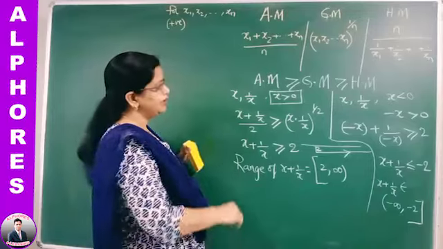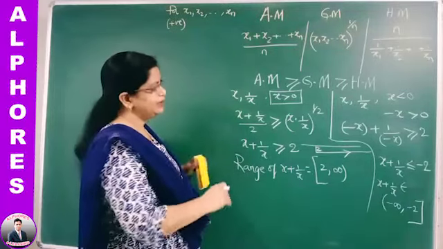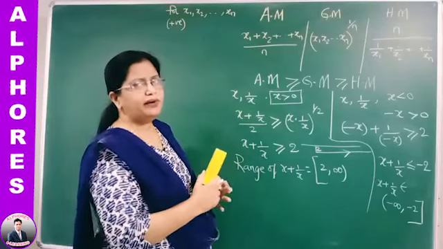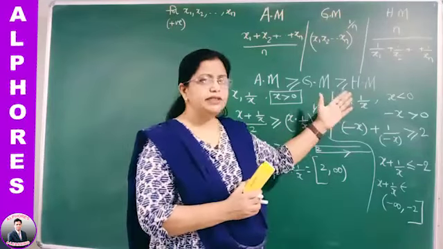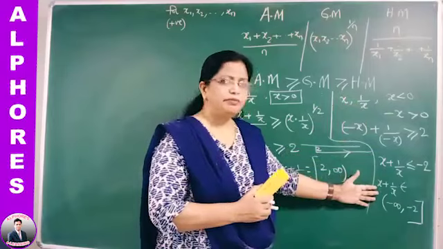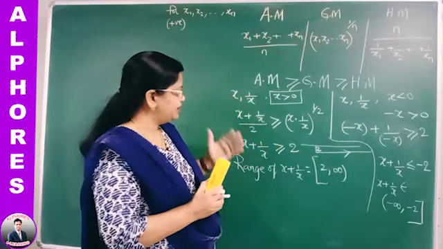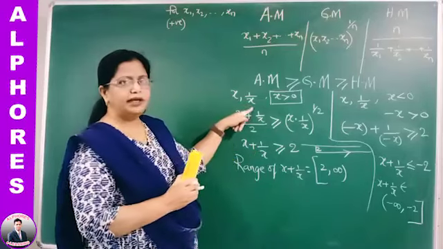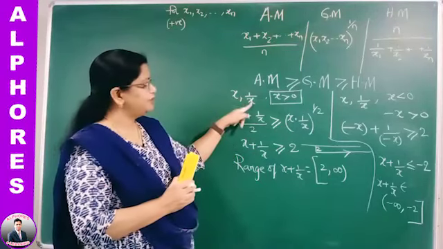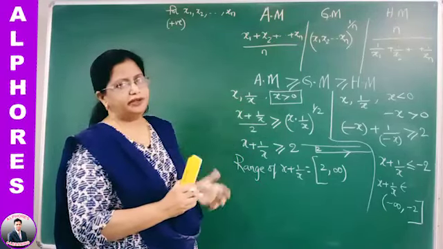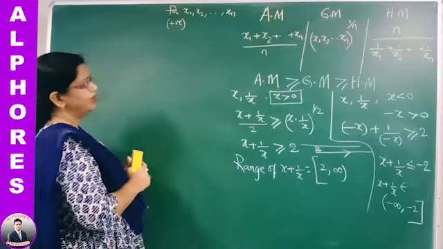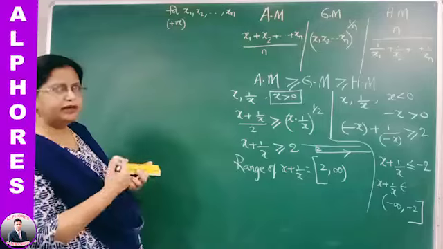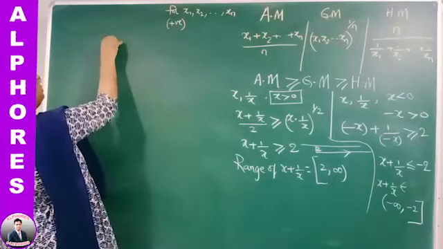That means again just like our previous case, either minimum exists or maximum exists. Basing on what quantity? When x is negative, then maximum exists. When x is positive, then minimum exists. Anyhow, you are writing the reciprocal of x, that means obviously x value is not equal to 0. As a whole, students, what we can say for x comma 1 by x?